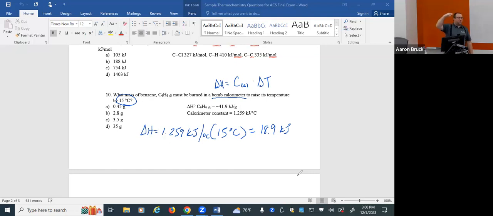The question is, how much benzene does it take to do that? Well, I've got a nice conversion here to help me out with that. It says that for every 41.9 kilojoules of energy, 1 gram needs to be burned. So if I take that 18.9 and divide by 41.9, I get my 0.45 grams.